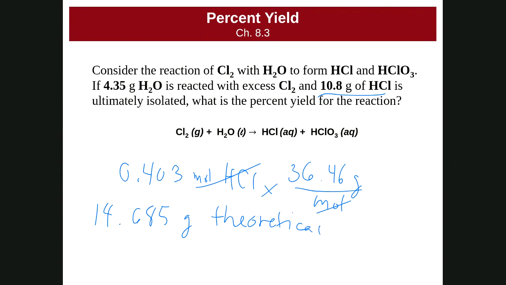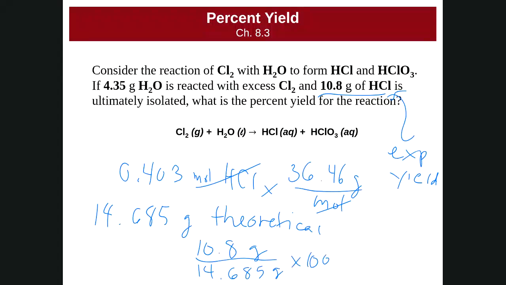All right, so this is our experimental yield. And our percent yield is going to be the experimental divided by the theoretical times 100. So 10.8 grams divided by 14.685 grams times 100.